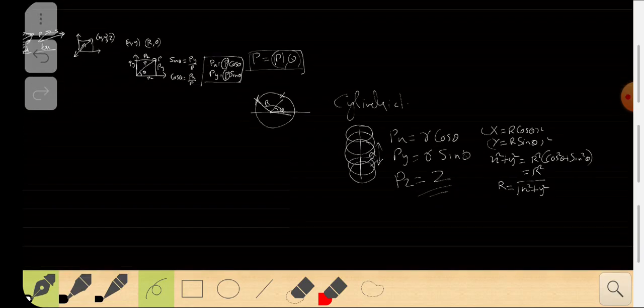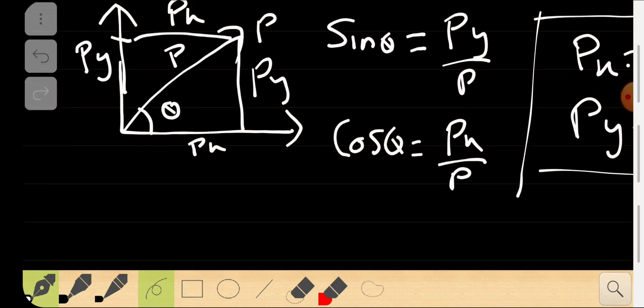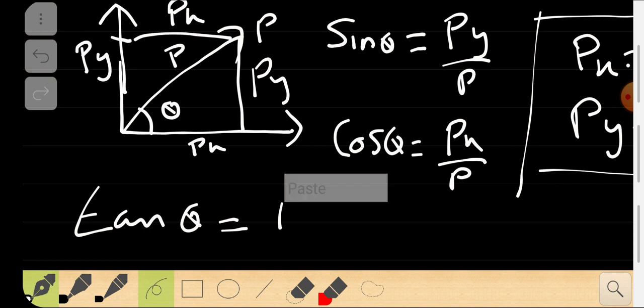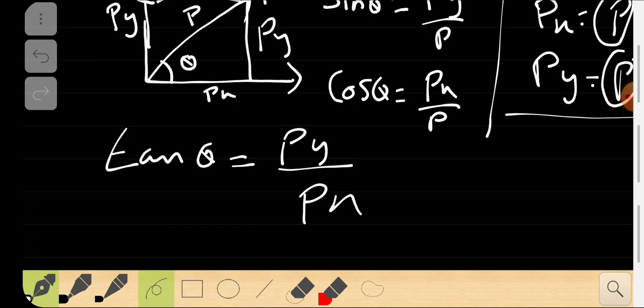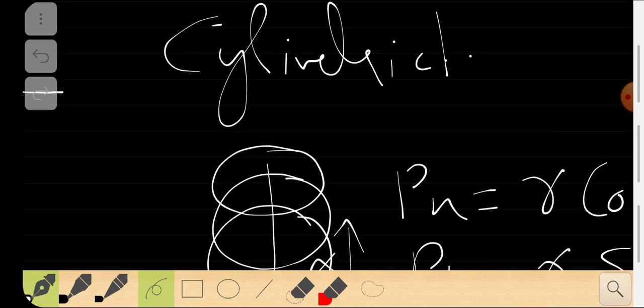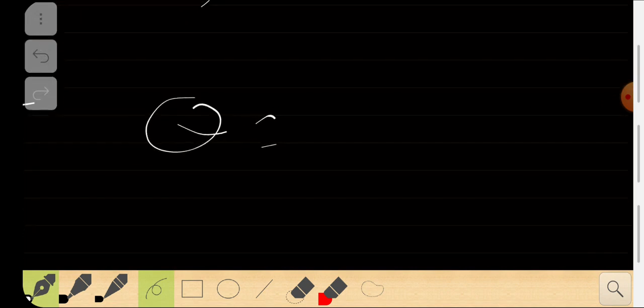And also, if you look at the graph itself, tan theta will be equal to opposite by adjacent, so it will be py by px, or simply the y intercept by the x intercept. So you can find theta as tan inverse of y by x.